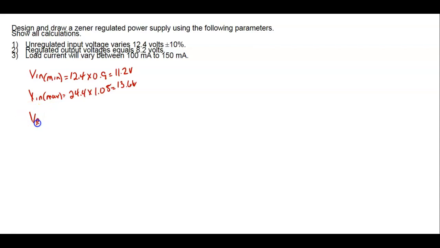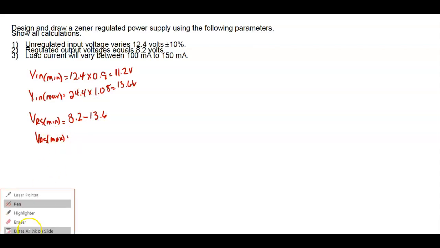Then we're going to calculate the VRS minimum and VRS maximum. So our VRS minimum is going to be equal to 8.2, which is our zener voltage, minus 13.6. Sorry, got that backwards, guys.